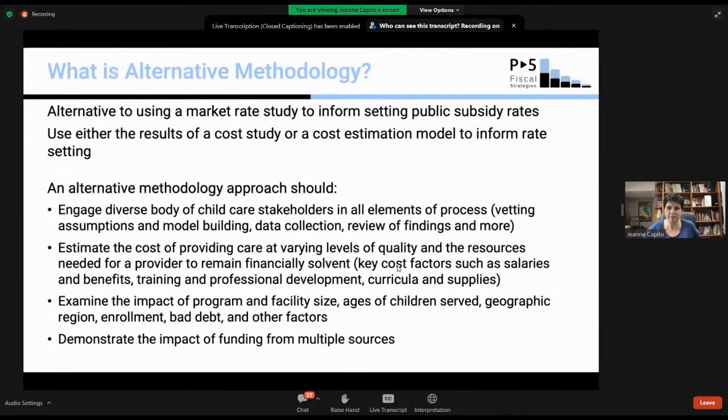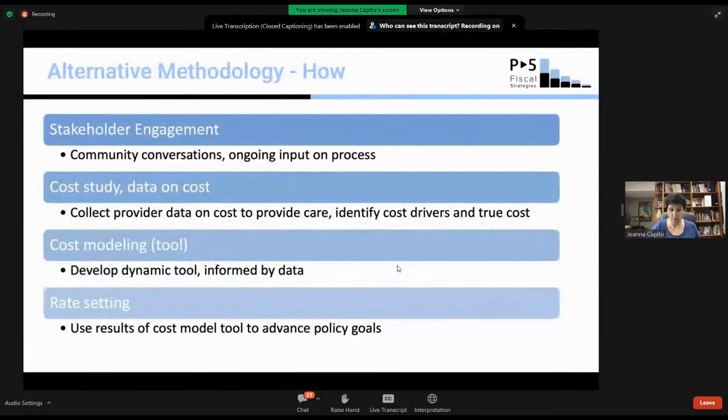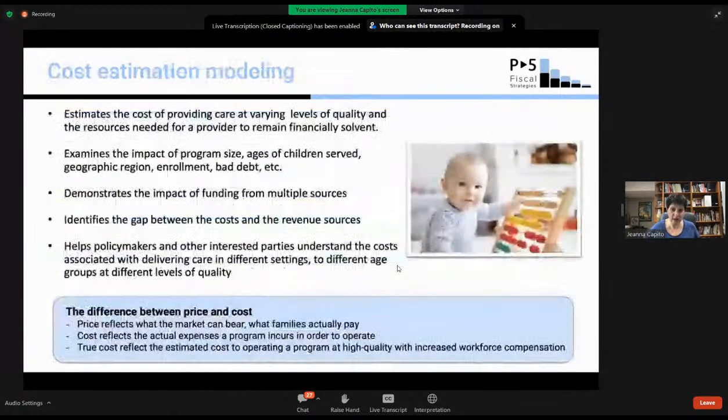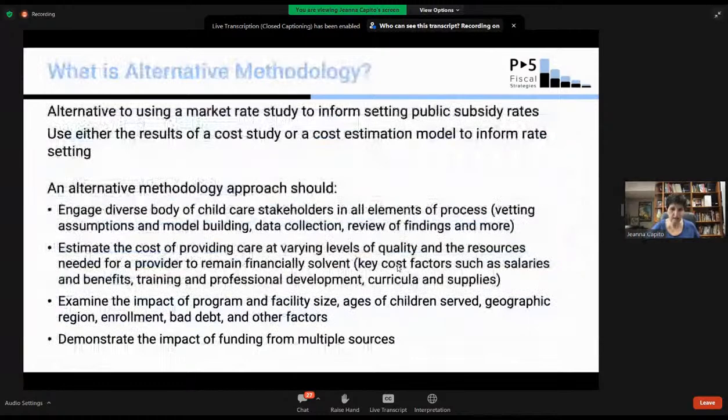But we've talked a lot, and always do, about how important it is that we're engaging childcare constituents in the work, the providers themselves, that we understand the cost of providing care at different levels of quality, as well as the resources that are needed for a provider to remain financially solvent, which speaks to the true cost, not just the actual cost right now. And so that's why we're asking those questions of providers.